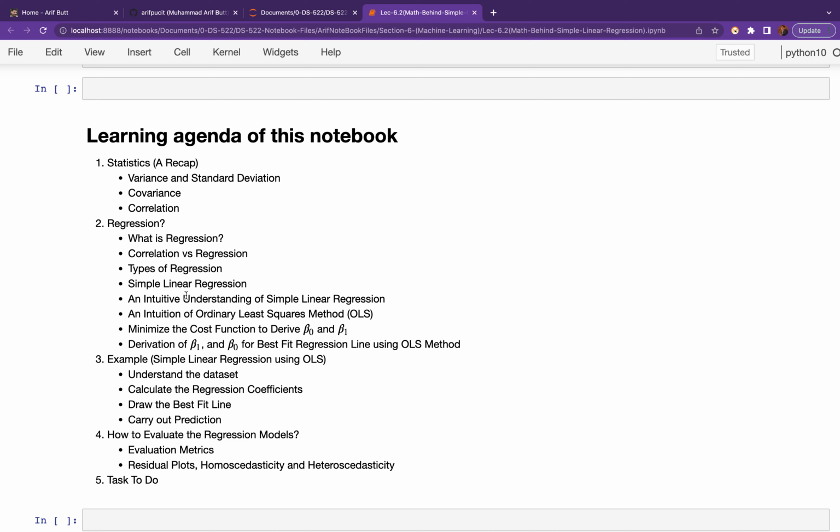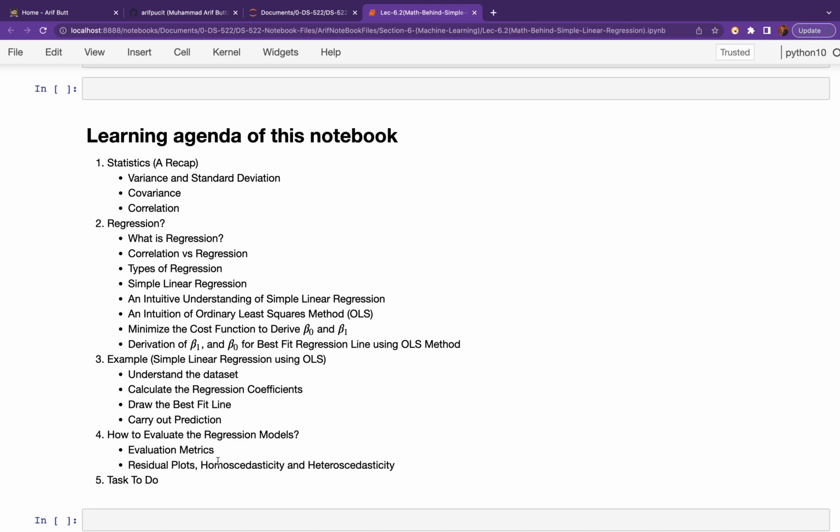Well, after understanding the math behind simple linear regression, we will practically do all this on a toy dataset without taking the help of sklearn. And at the end, we will understand the evaluation metrics used in regression models.